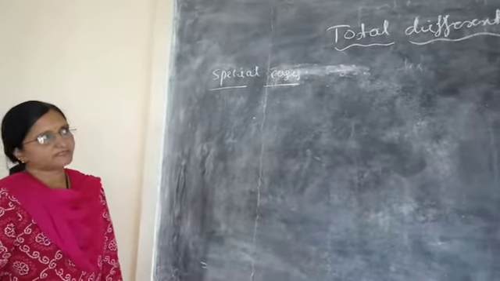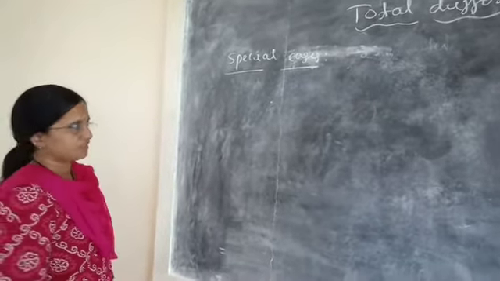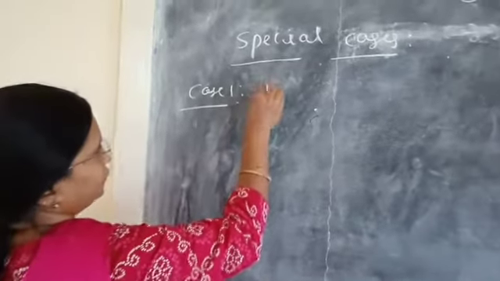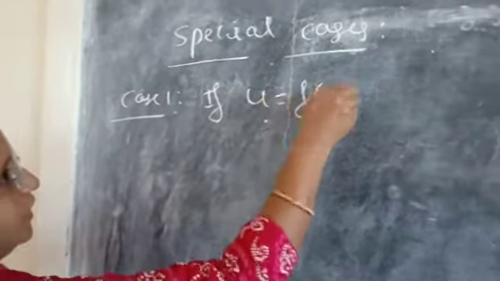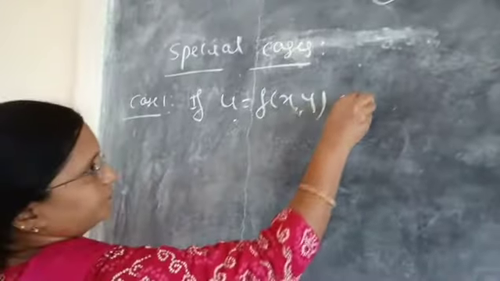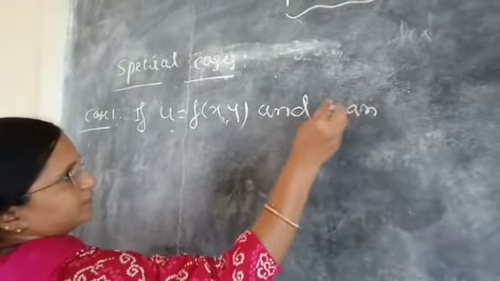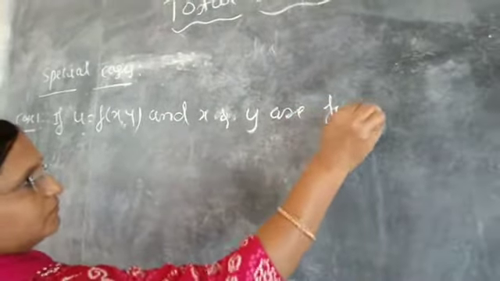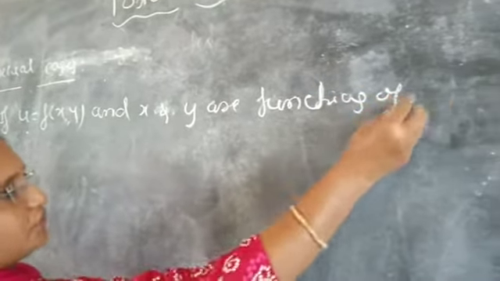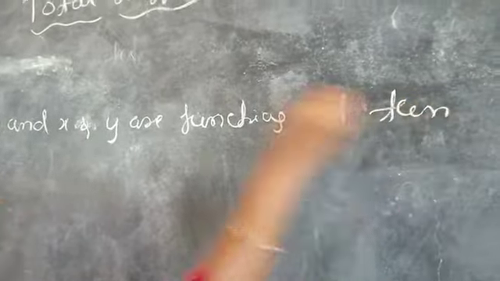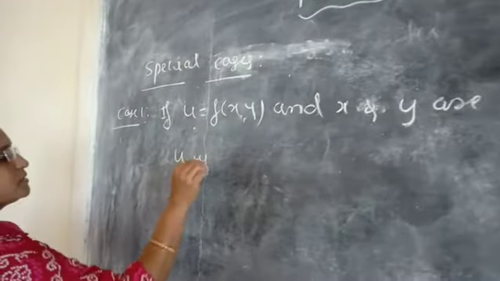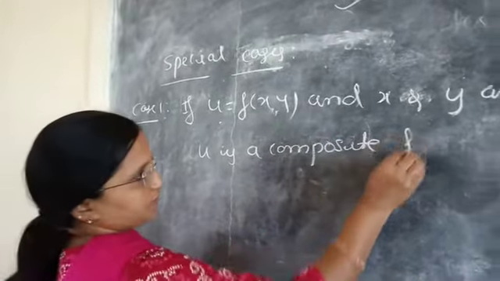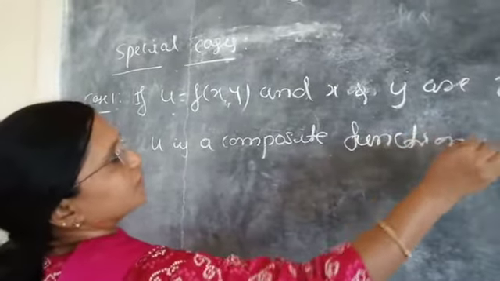We have some special cases in this total differential or exact differential. Let us take the first case, case 1. Here, if u is a function of x y, and x and y are functions of t, then u is a composite function of t.